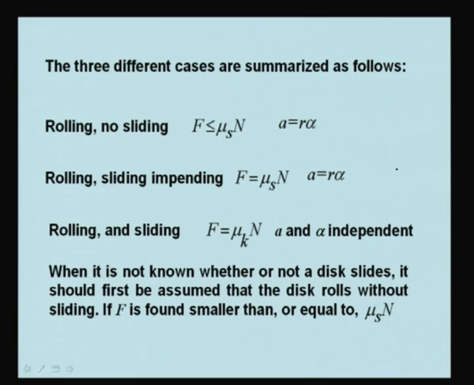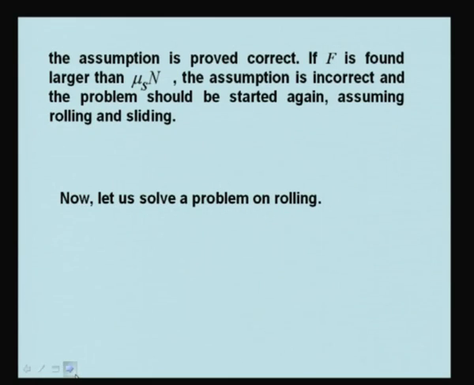Now when it is not known whether a disc is sliding or rolling, what should we do? We should first assume that the disc rolls without sliding, so pure rolling motion is taking place. If F is found smaller than or equal to mu s times N, that means our assumption was correct.